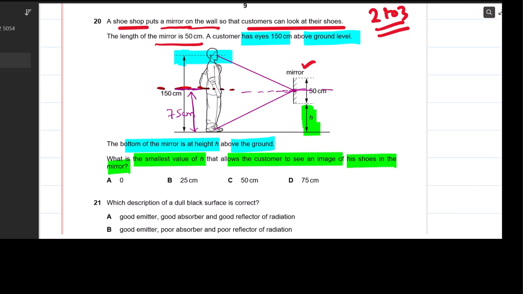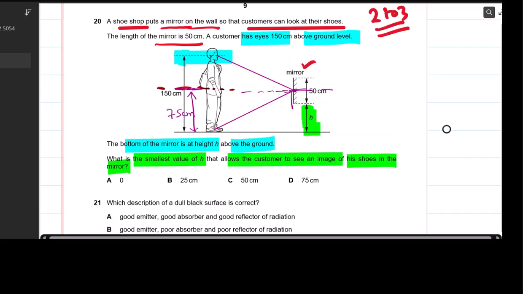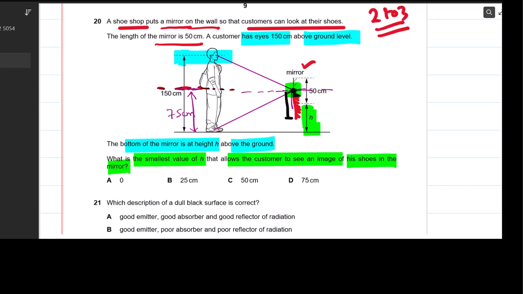If I shift this mirror a little down, means I bring this mirror somewhere here, I'm going to make it with red, like this. This is the last point where the image can form. So the total length of the mirror is 50 and this distance is 75.